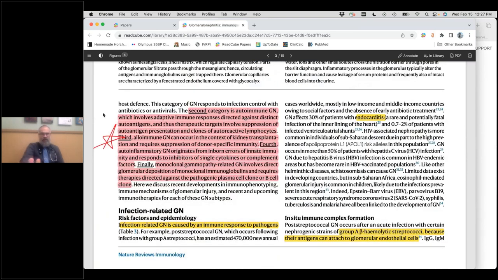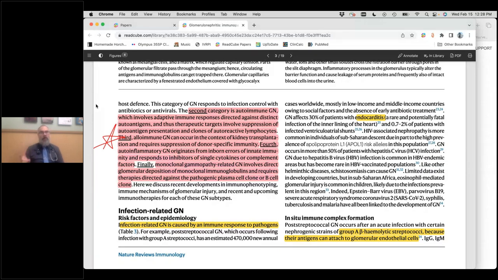So those infectious cause patients are often just treated with therapy to address the infection. And when the infection is gone, you will not have any further stimulation of the immune system, and the GN will recover without any additional treatment.